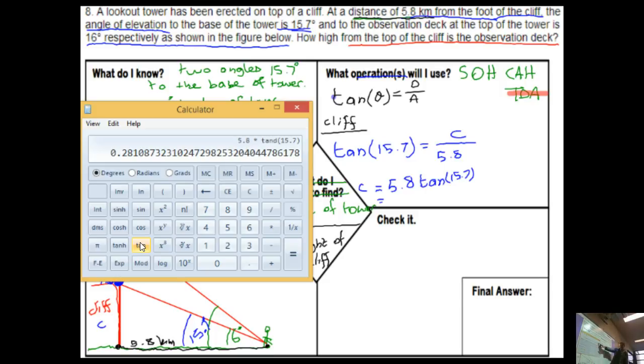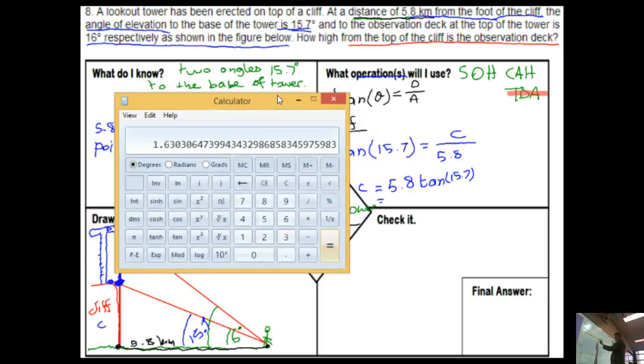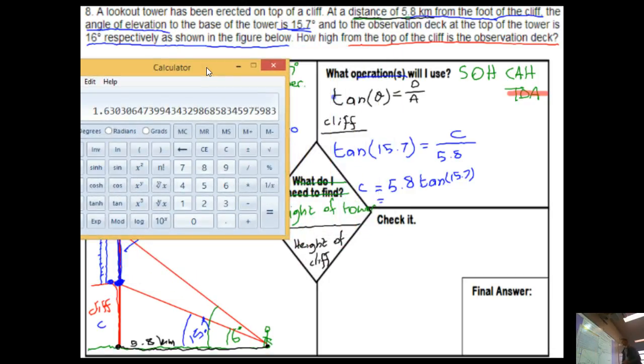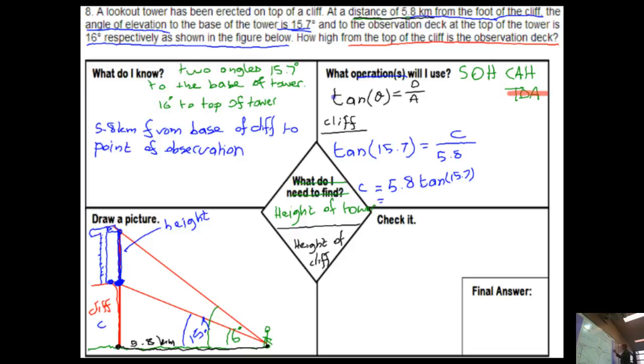Okay, so I set it up with 15.7 degrees inside the tan rule times 5.8, and I get a value of that. Okay, 1.6 kilometers high. That's kilometers, by the way. 1.6 kilometers high. You know, lengthy cliff. 1.63 kilometers high. Cool.